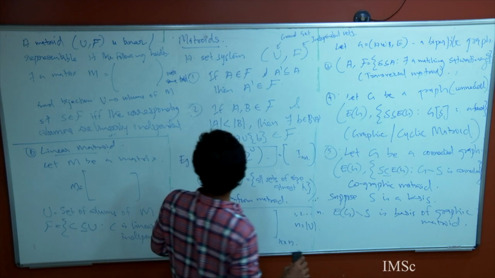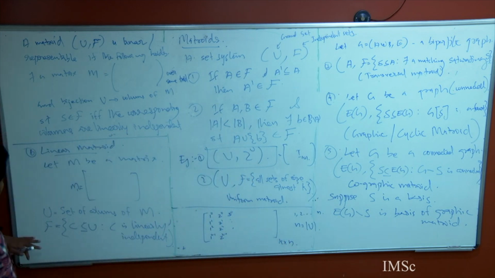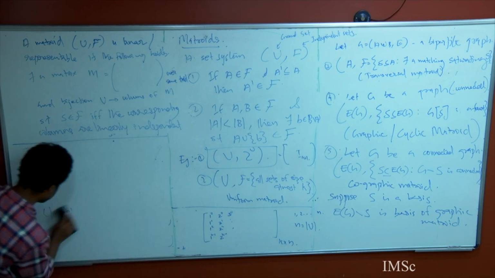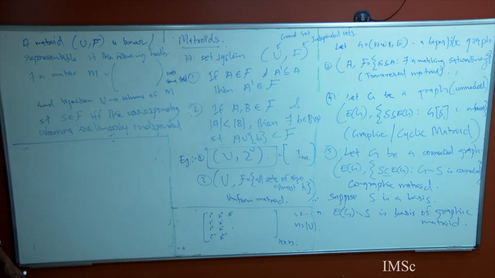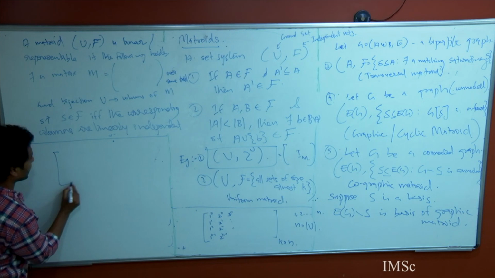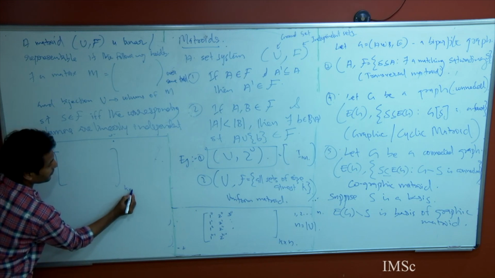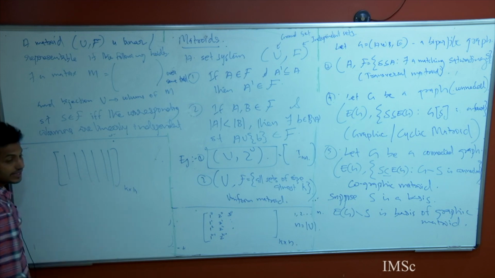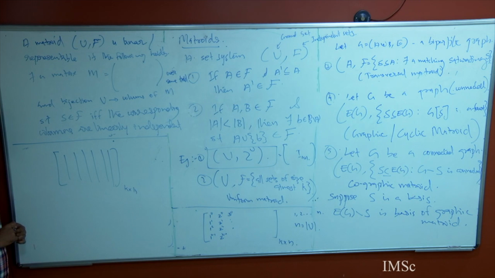Now, just before going into the proof of it, if I have a k times k matrix such that its columns are linearly independent, then what all we know?